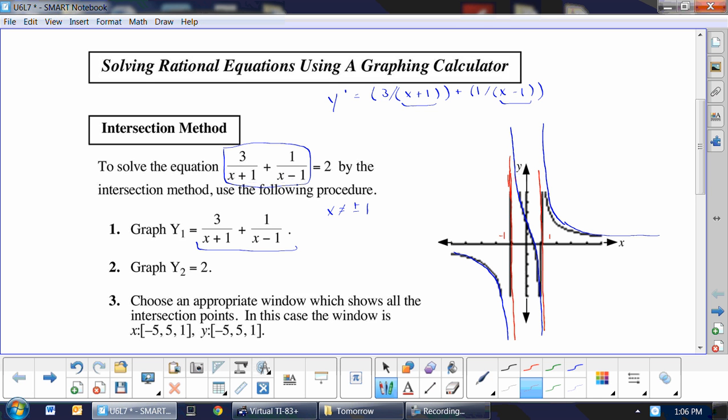And now the shirt makes sense, right? The graph will never touch the asymptote. So these graphs are kind of cool because they can show you our non-permissibles and show you that the graph will never actually be there. Yeah, the red lines are the asymptotes.